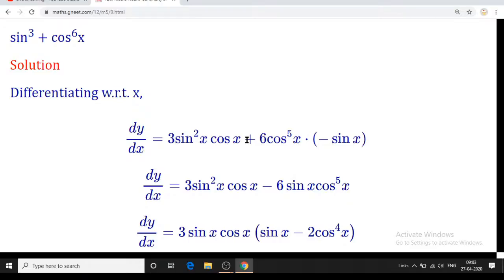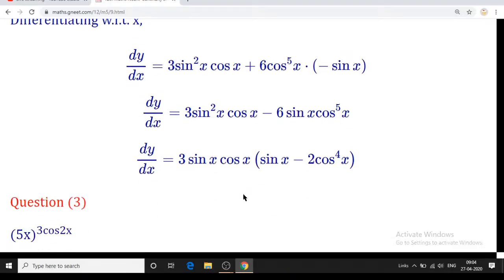In the same way we go for cos^6 x, which is (cos x)^6. When we take the derivative, it will be 6 cos^5 x, and again the derivative of cos is minus sin x, and by this we will simplify.